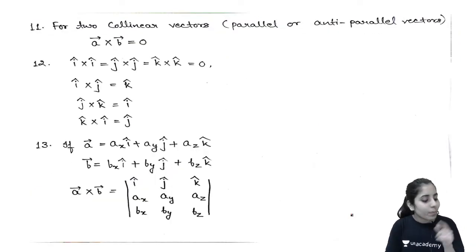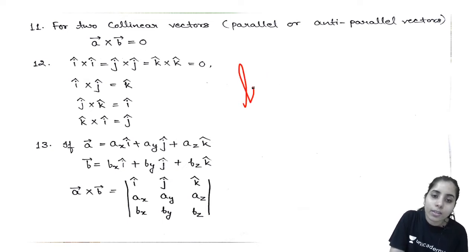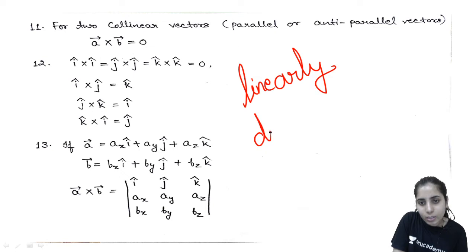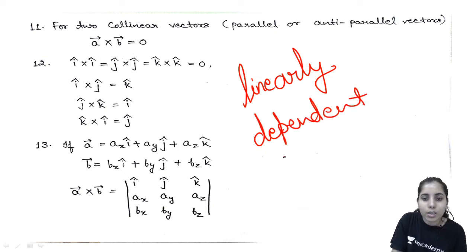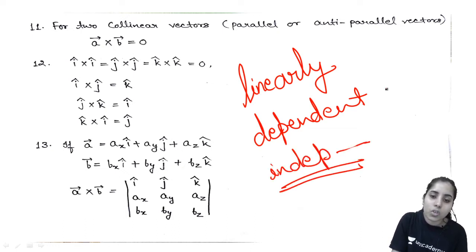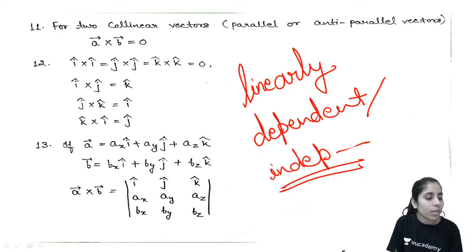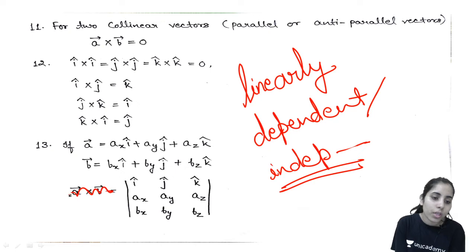Now let me just tell you about that rule, that trick, that concept, with the help of which you can easily get to know about linearly dependent and linearly independent vectors. Clear? Based on this concept, we had the question in the previous years. So guys, let's say it's not about cross product.